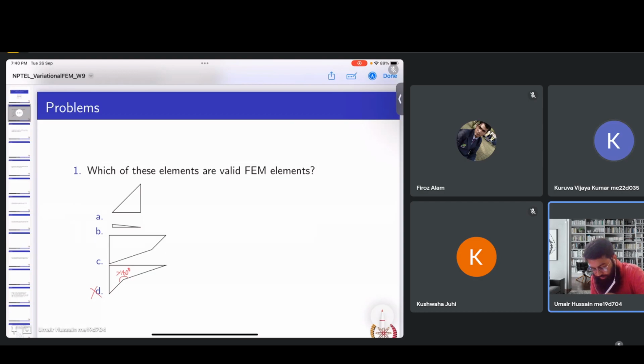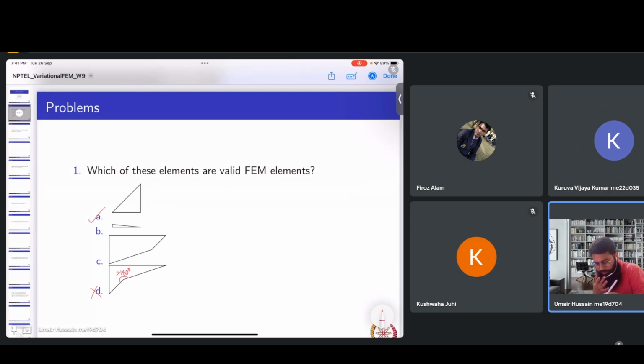Okay, so what about the first element? It is okay. We can use that. What about the second? Second, there is kind of an issue. The aspect ratio should not be too large.